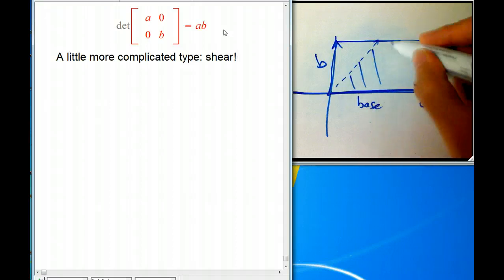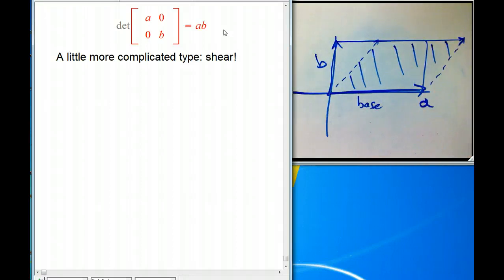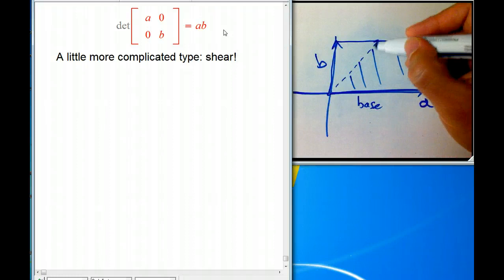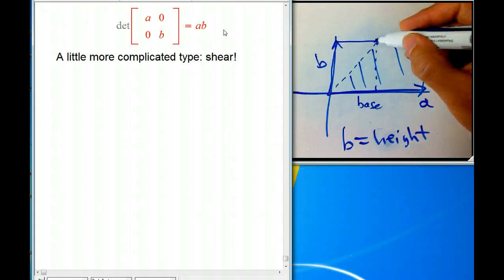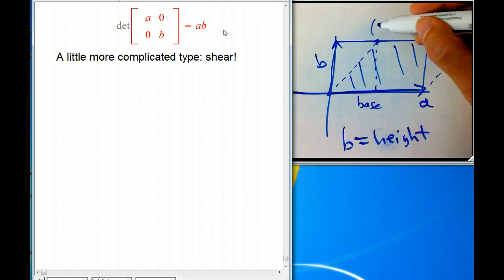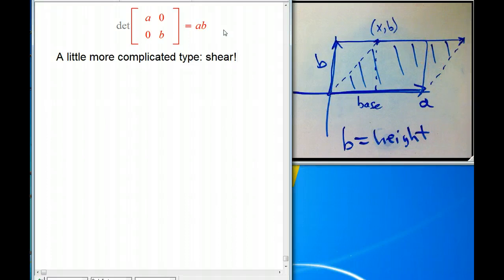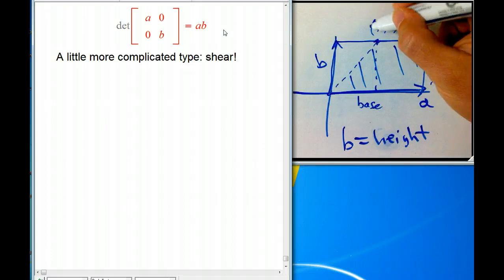So here's the new parallelogram. And notice it's got the same height. B is still the height of the parallelogram. But now this vector here is, let's say, x comma b. And the interesting thing is that x doesn't matter.